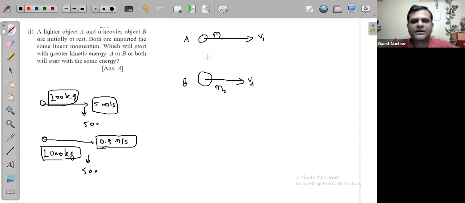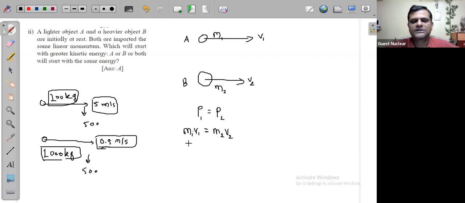So here, if we want the momentum to be the same, since the momentum of the first body is the same as the momentum of the second one, and momentum is the product of mass and velocity, the first body will have momentum equal to m1 into v1, which is equal to the momentum of the second body, m2 into v2, correct?